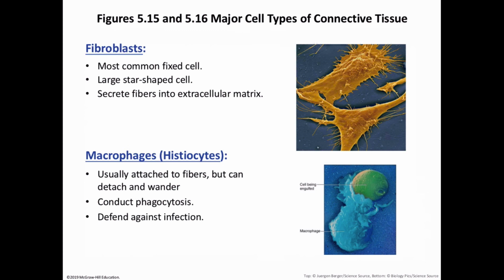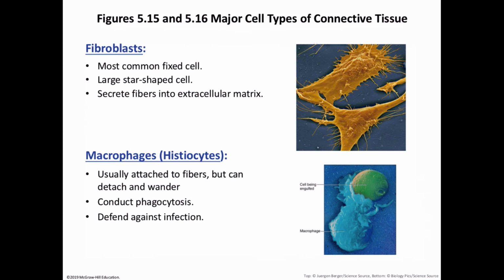As the body comes in contact with things that are not part of the cell, macrophages engulf, they phagocytize, those things. As it states in your text, they're important in defense against infection. They play a role in immunity.